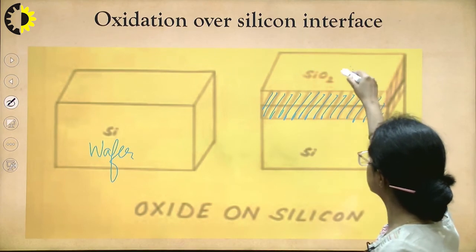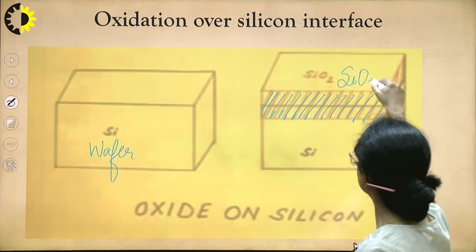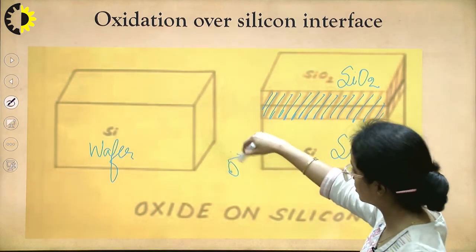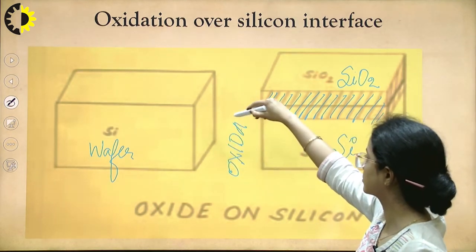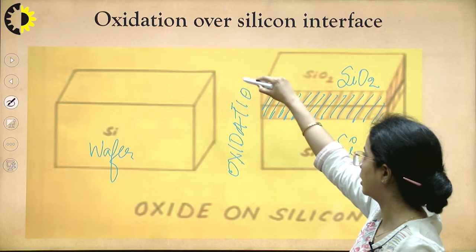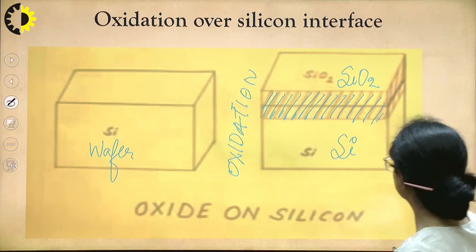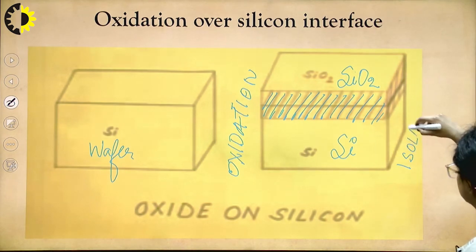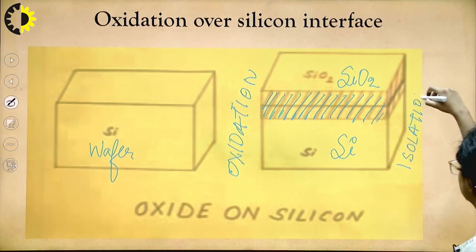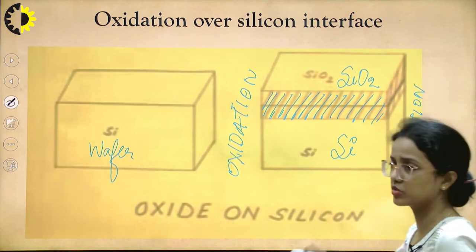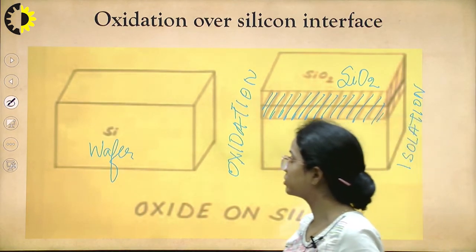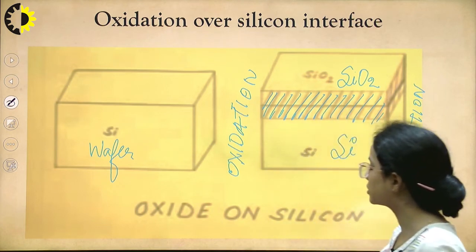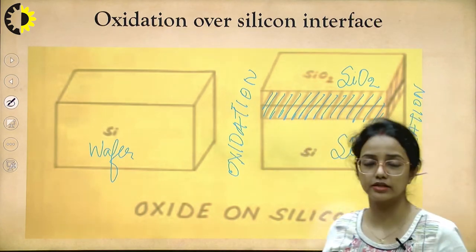So this is silicon dioxide, this is silicon, and the process is oxidation, and the purpose is insulation, or we sometimes call it isolation.